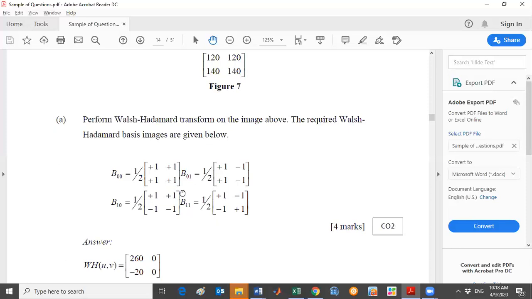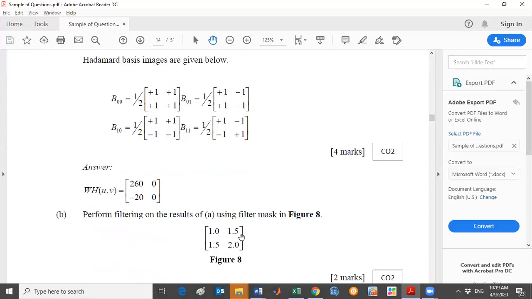If they have a similar pattern, like this one is a horizontal edge, this one horizontal edge, then you get some values here, showing that they have some degree of similarity. Okay, so in short, how to perform forward transform, very simple. You just take the image, you dot product with each of these, and then you get the coefficient. Are you following? Yes, sir.